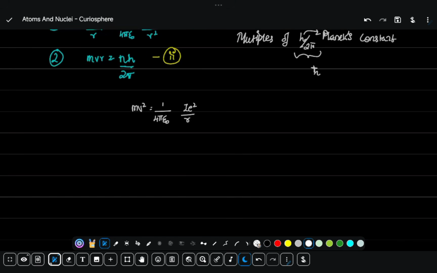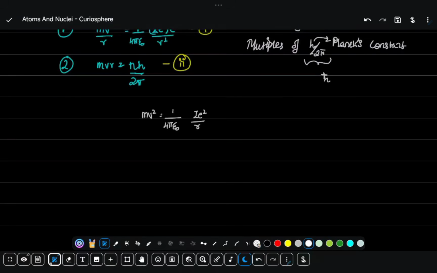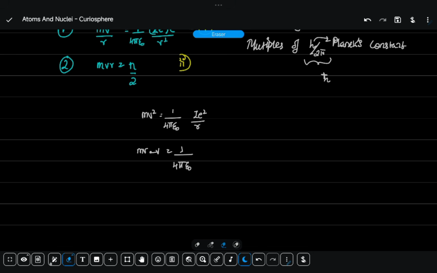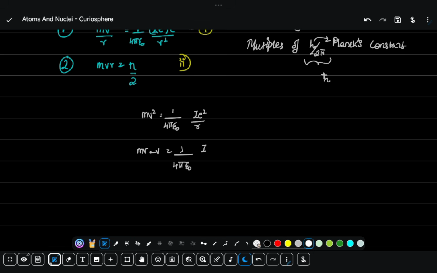Now mv squared can be written as mv into v equals 1 by 4 pi epsilon naught z e squared by r.